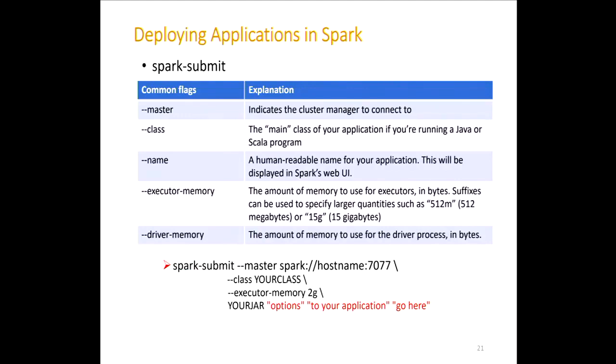You can visualize these on the web interface within your Spark cluster. The name is what's going to be illustrated in your web UI, just human readable, like WordCount, so that whoever opens that URL can see which job has been submitted.